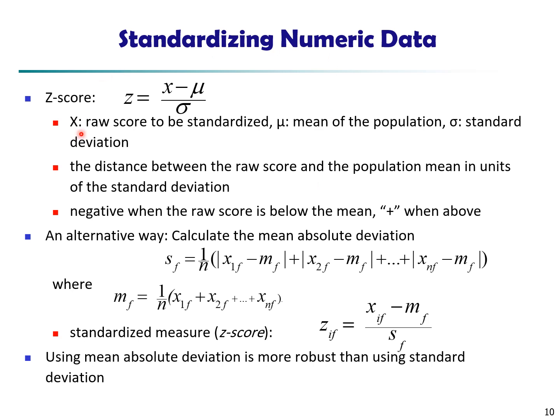Now, if we want to standardize, and this is a subject that we will be discussing in further detail in future chapters, the standardization of numerical data, we want to compute the difference between the numerical value and the mean.